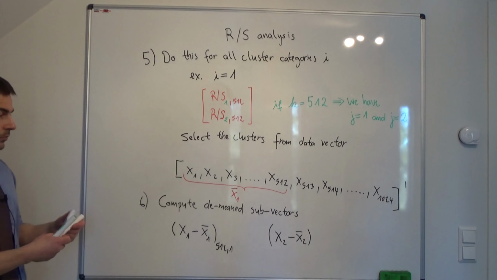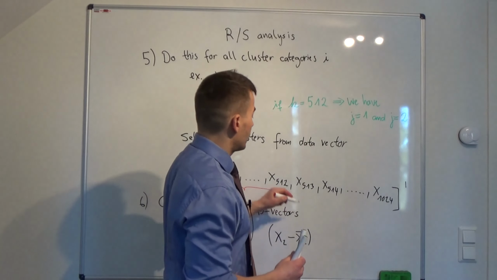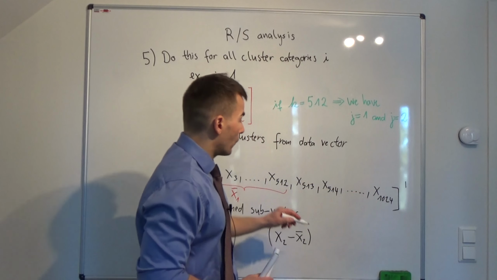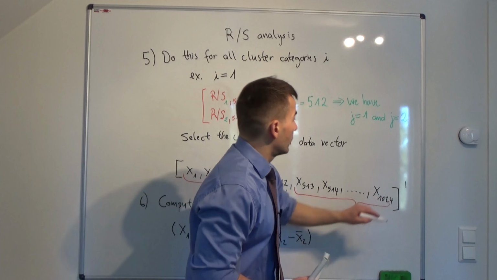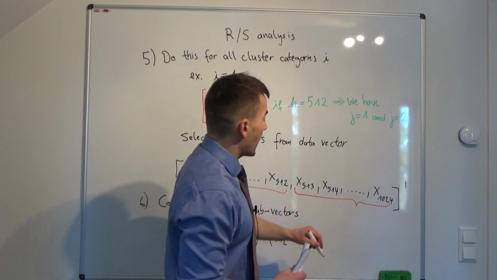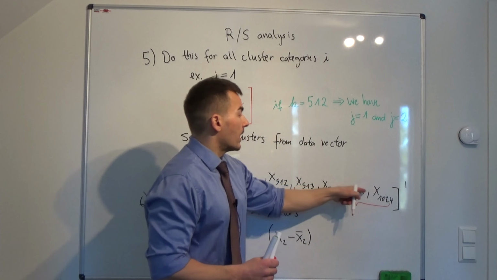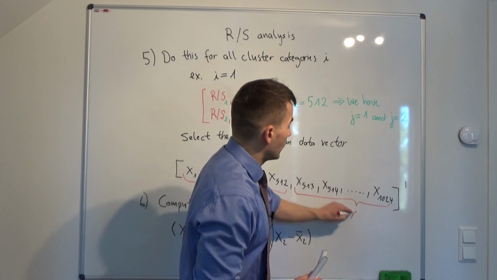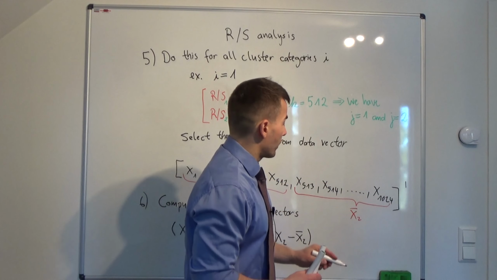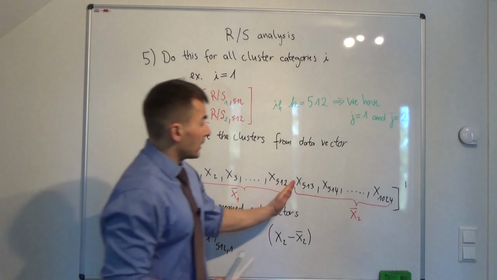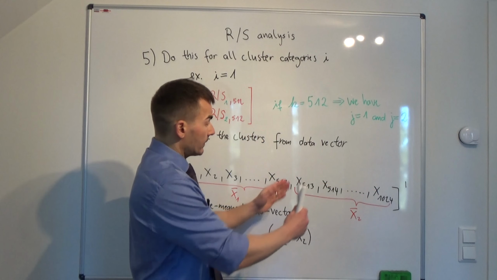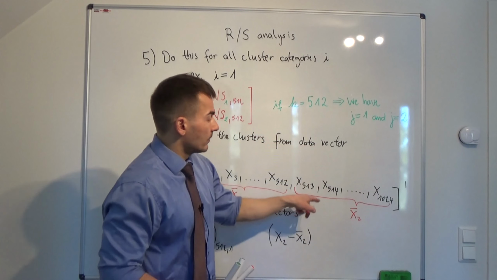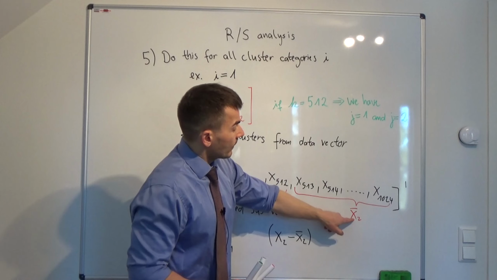The same thing we have to do for the second subsample. We take the observations 513 until 1024. That's our second subvector for the second cluster. And we compute the sample mean from this subsample, which we refer to as x bar 2. Then again, we consider the second subsample for itself, and we subtract from each single observation the corresponding subsample average.